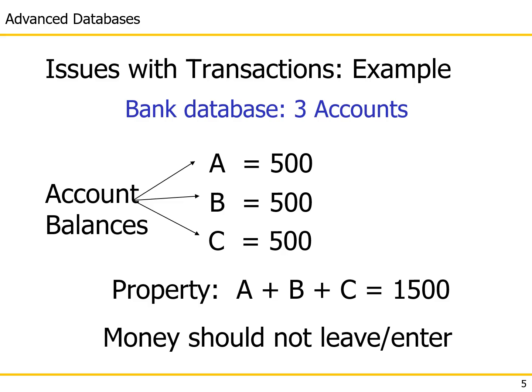Now, if the owner of these accounts decides to move money between those accounts, the sum should not change. If I take £100 from account A and add it to account C, account A will be 400 and account C will be 600. The total is still 1,500.